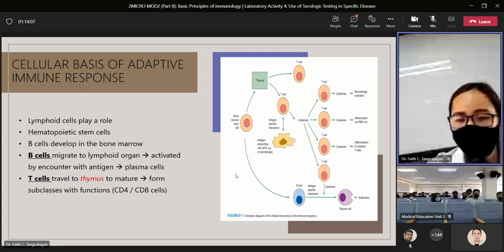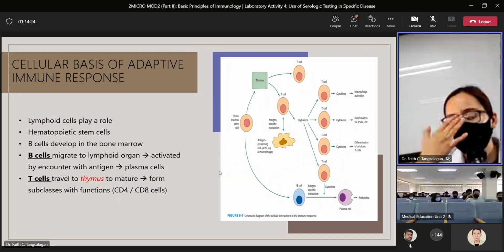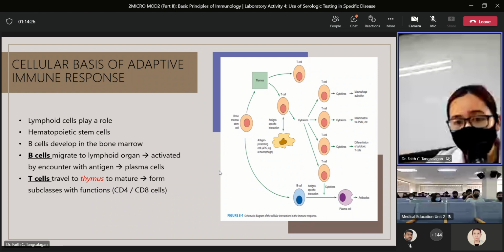But predominantly, your B cells go to your spleen and are activated by an encounter with the antigen, and then become your plasma cells. So once B cells encounter antigen in our blood, they mature to become plasma cells, which will be the ones to secrete antibodies later on.